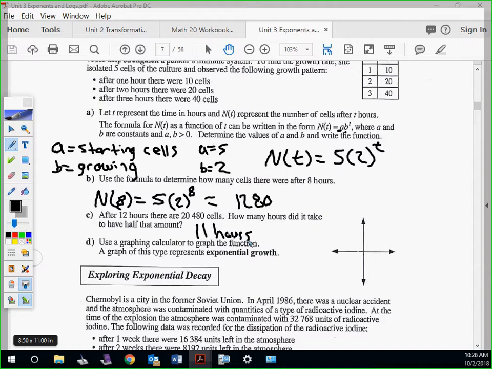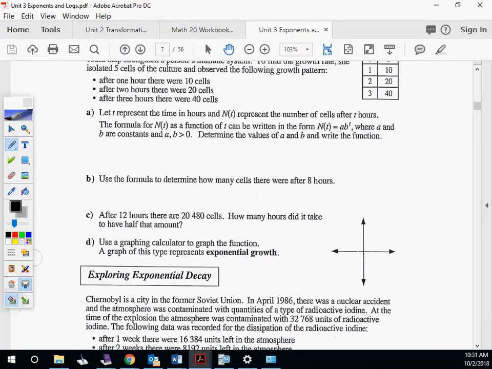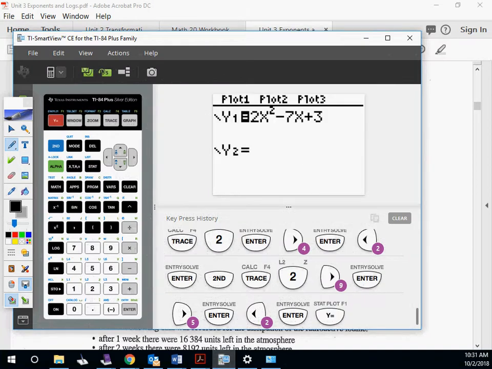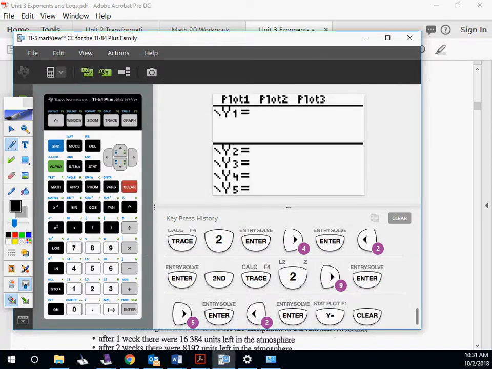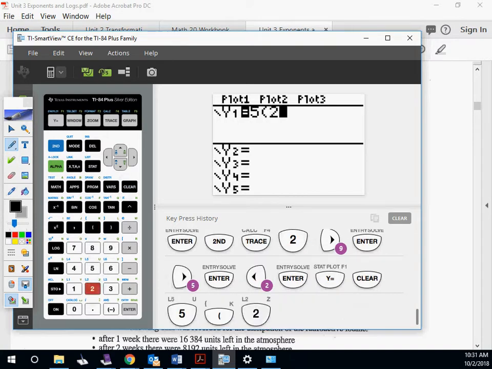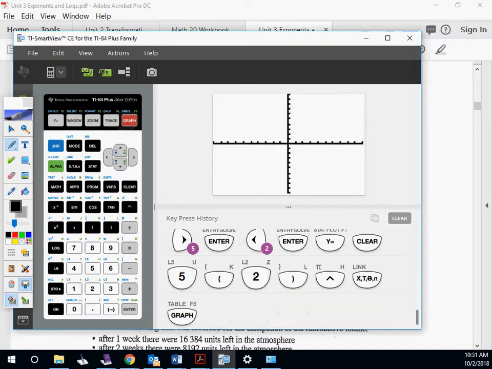Okay, so using a graphing calculator to graph the function. Let's go ahead and do that together here. So I'm going to lose my writing here. Let's go ahead and clear, and we are going with 5 times 2 to the x, and graph.